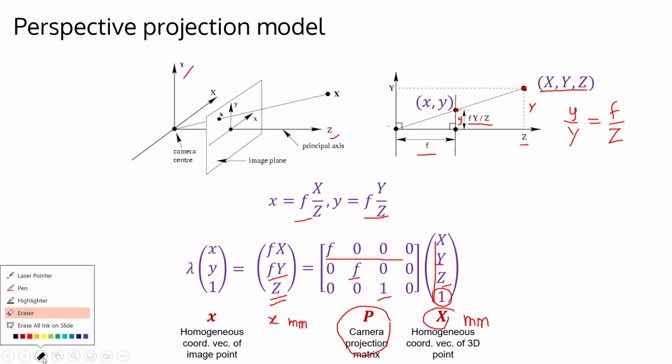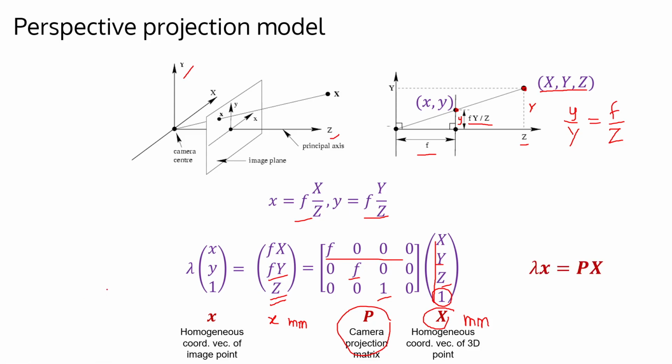So this unknown scaling factor cannot be found right now. So we can write this projection equation as lambda x equals Px. This equality is up to a scale, so you can write it in this fashion also.